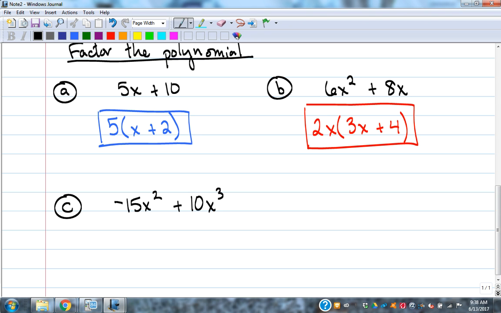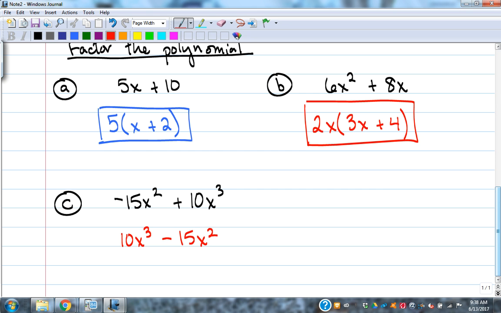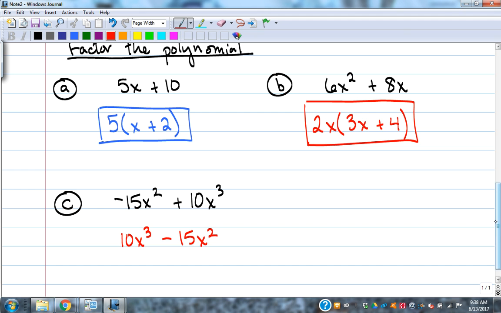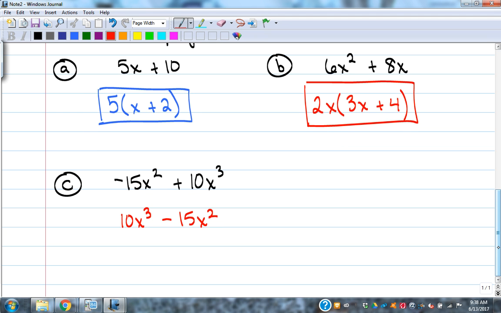So all you've got to do is just swap places with them. 10x cubed minus 15x squared. So just rearranging that into the descending order. It's going to help you. This one could easily be done without doing that, but it does help you when they get bigger. So that's why that's one of my number one rules, because it does help a lot when it gets larger.